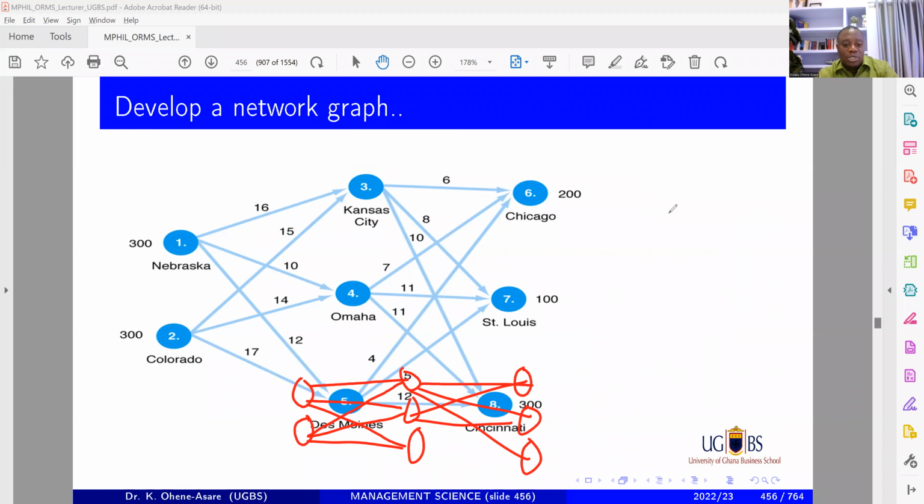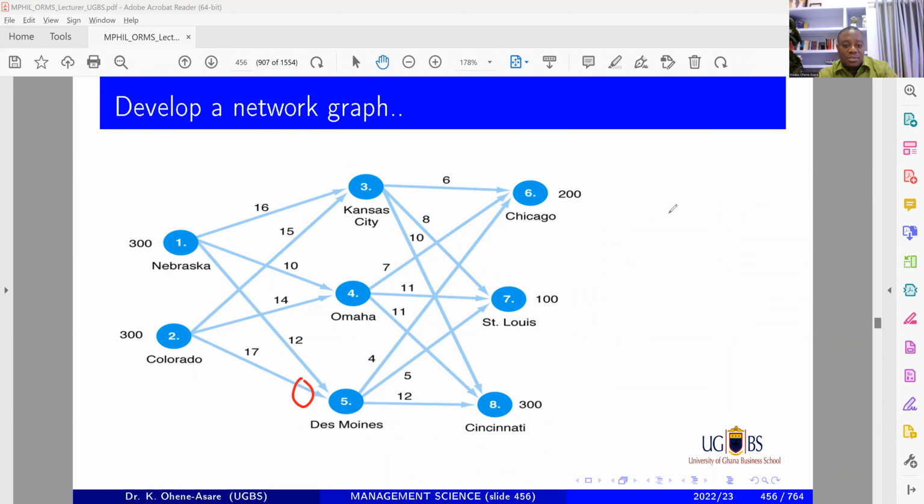Now, looking at what is on your screen now. How many decision variables do you have? Looking at what's on your screen, without counting, using that approach you were using, those of you using the mathematics, how many decision variables do you have?